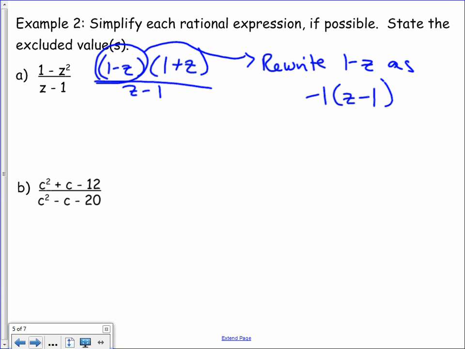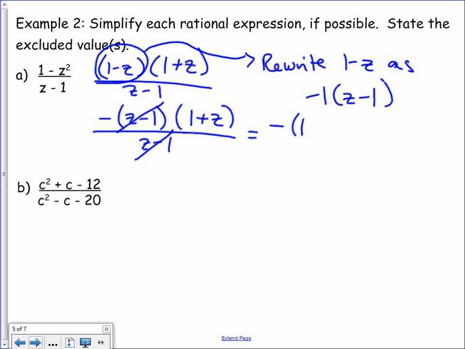So I'm rewriting this as negative z minus 1 times 1 plus z, over z minus 1. Now I can cancel out the common factor, z minus 1.